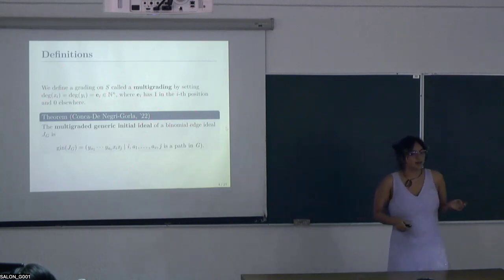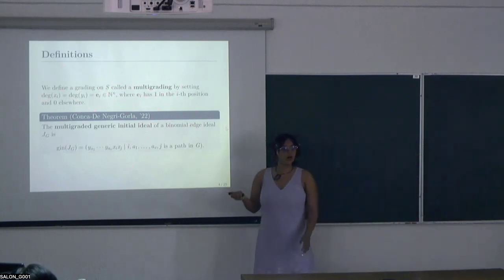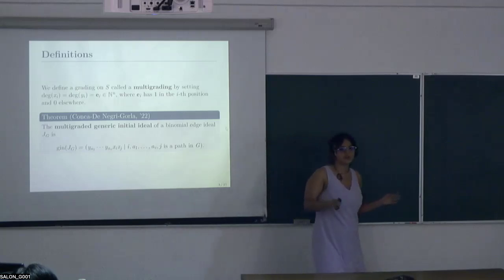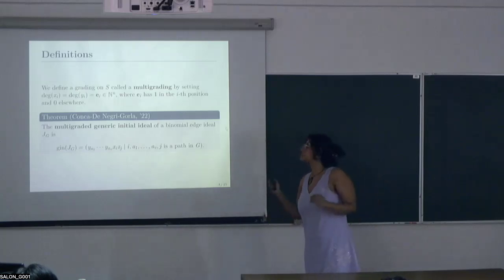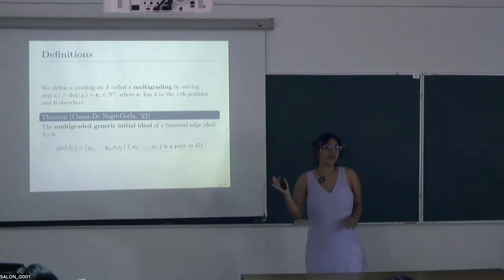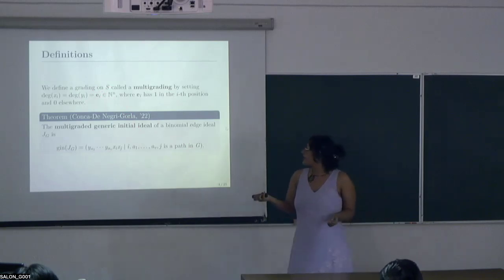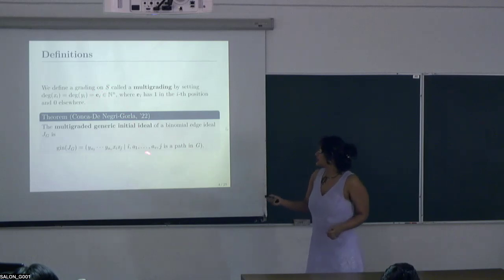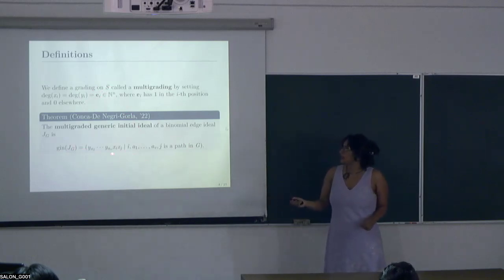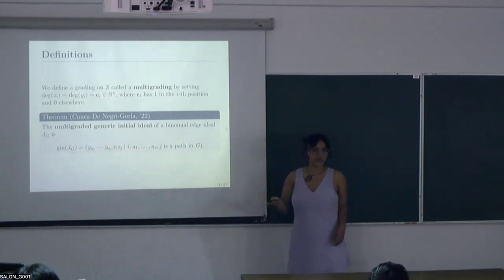If you think about the degree as a function, this function is going to record how many factors of each variable are in each of the components. For example, we know how this looks, right? We have a 1 in a certain component and zeros everywhere else. Now, we define the generic initial ideal by putting all these variables together, and we generate it when this is a path in the graph.